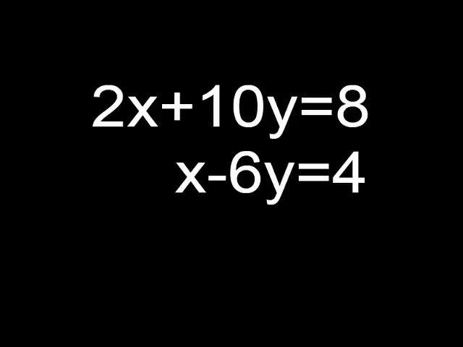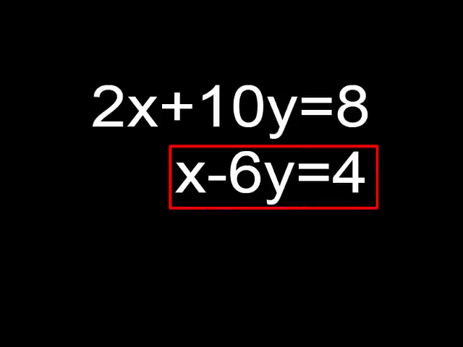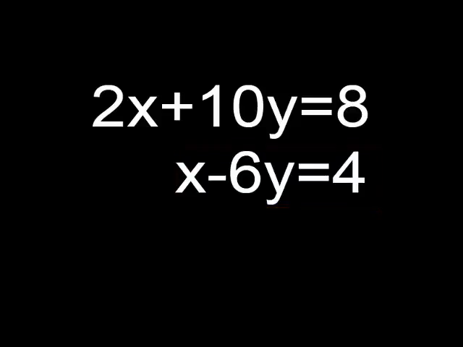First, you got to solve one of these equations for a variable, meaning you got to get x by itself or y by itself. So I'm thinking the second equation, x minus 6y equals 4, would probably be the easiest one to do. So what you're going to do is get x by itself, get x equals. I would do that by adding 6y to the other side, because that's the opposite of minus 6y.